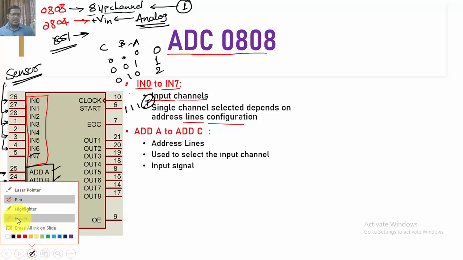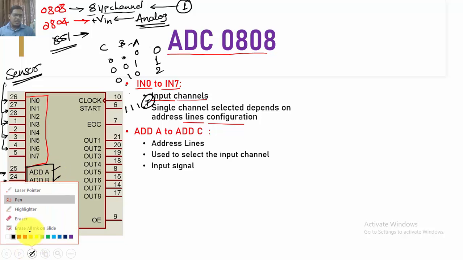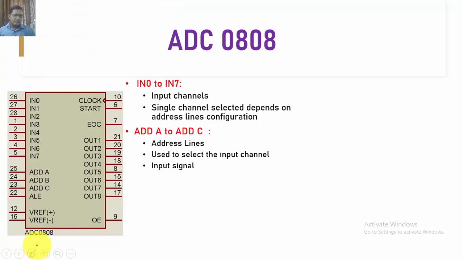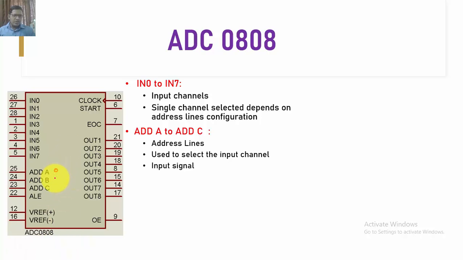So it is simple, like what is present in a multiplexer, right? We have select lines, and depending upon the select lines, out of the many inputs, only one input is selected, right? So depending upon the configuration of these bits, I will rewrite it over here. Suppose my bit configuration is 000, then input channel 0 is selected.